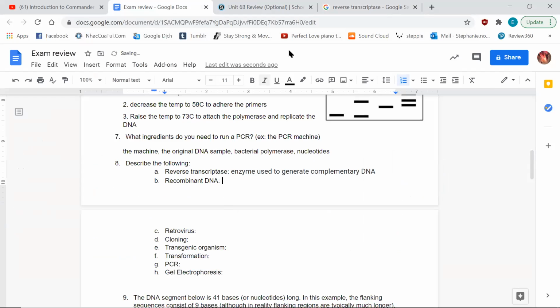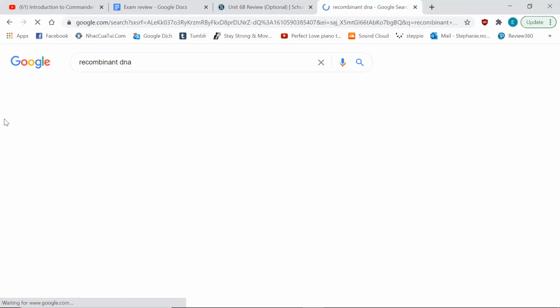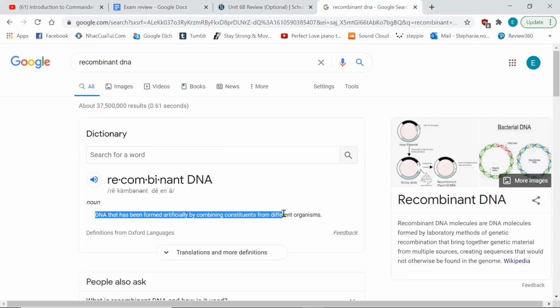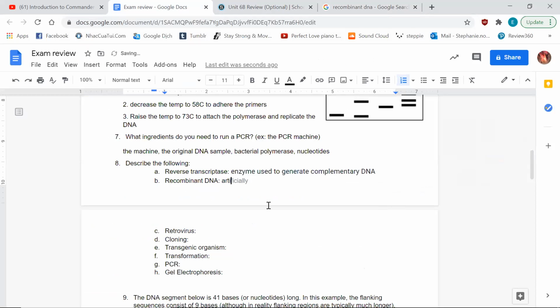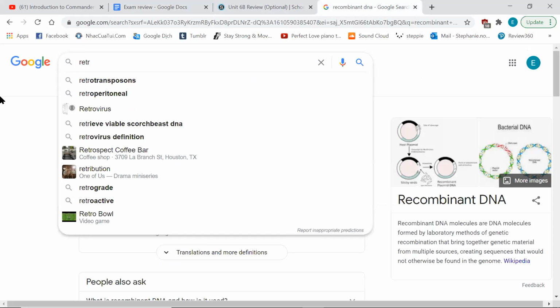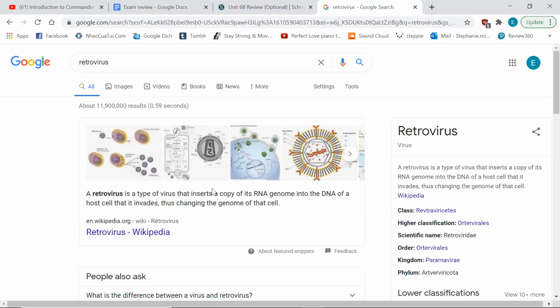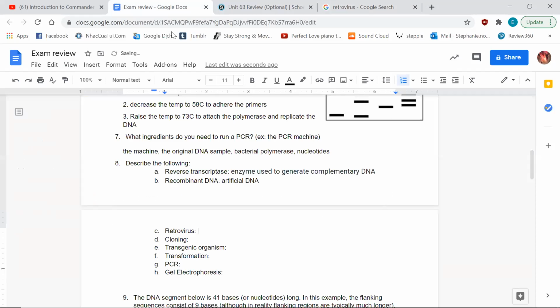Recombinant DNA. Jeez, I wish. Artificial DNA. A retrovirus. Copies of its DNA. Cloning.